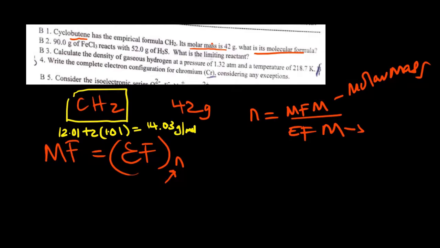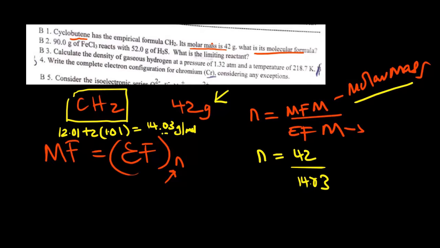So this will be our empirical formula mass, and we've been told that the molecular formula mass, or the molar mass, is 42. So we can now find this n, which we are calling the factor. We say n is equal to the molecular formula mass, which is 42, divided by the empirical formula mass, which is 14.02.